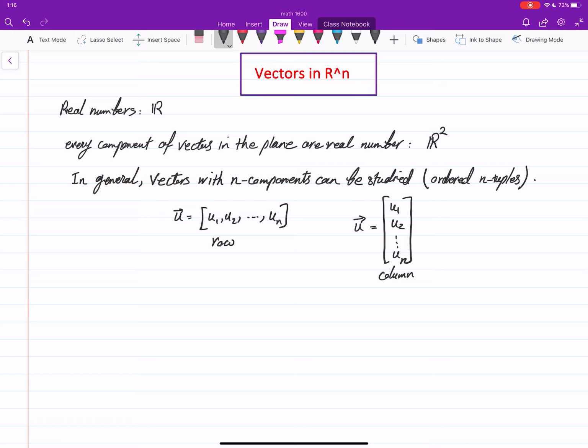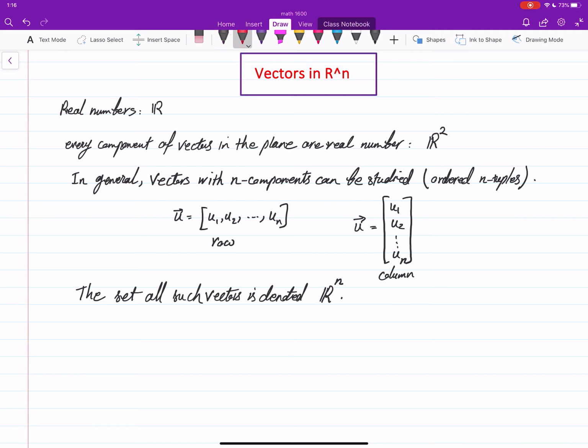The set of all such vectors is denoted by, well, again, the components are coming from real numbers, so that's why we have R to the power of how many components, Rn. So that's where the name R to the power n comes in.